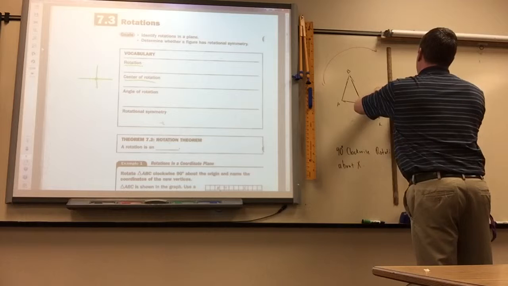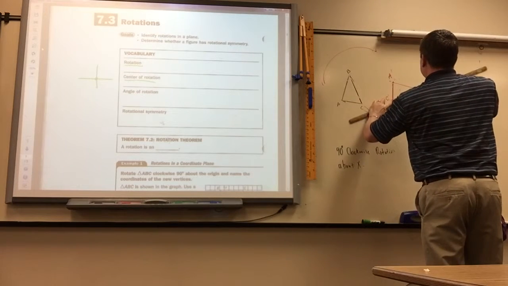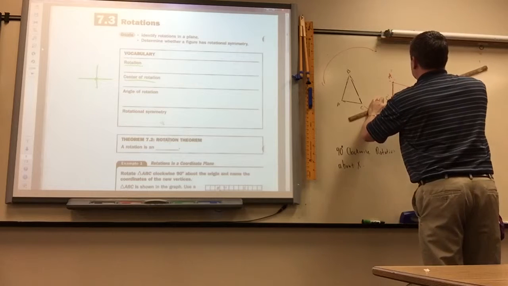If you connect them, you have the new triangle.